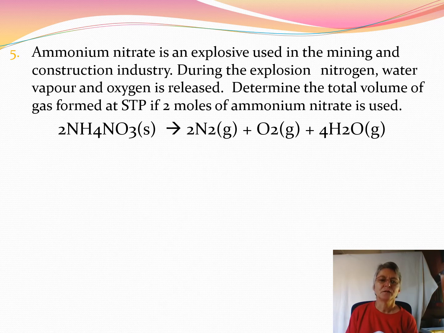Right, example 5. Ammonium nitrate is an explosive used in the mining and construction industry. During the explosion, nitrogen, water vapor and oxygen are released. Determine the total volume of gas formed at STP if 2 moles of ammonium nitrate is used.